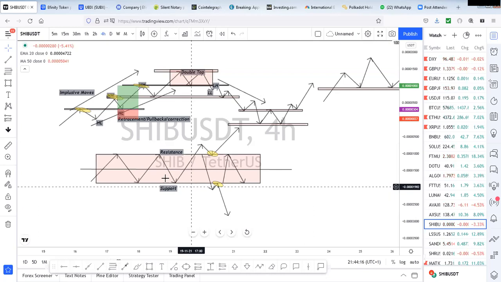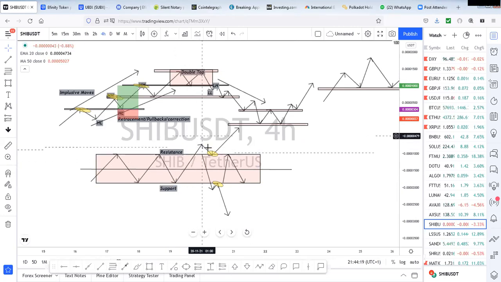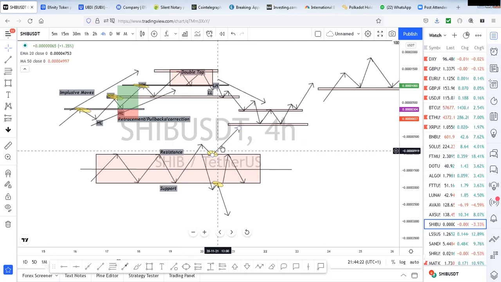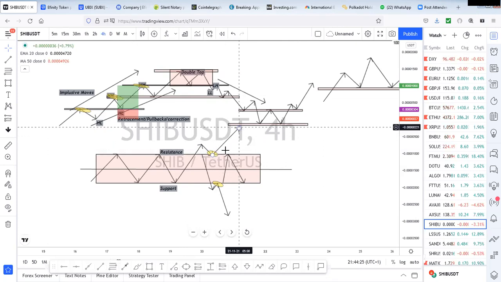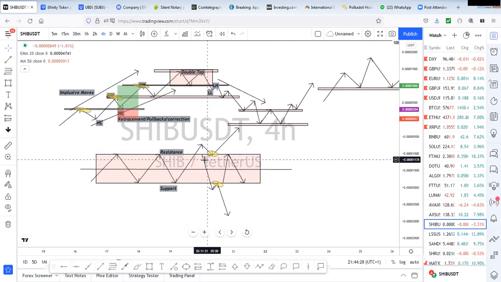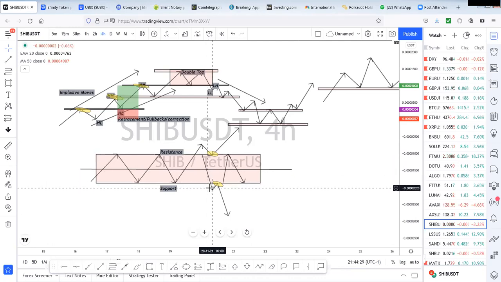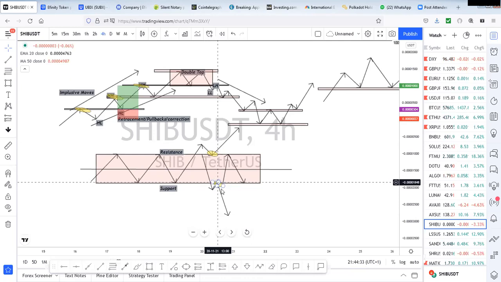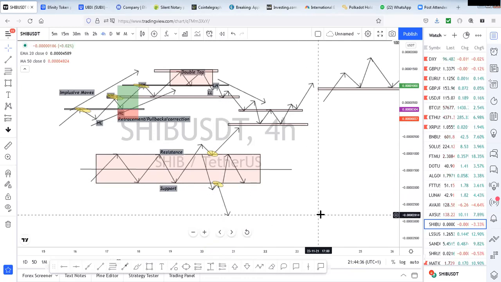So that's the example that I drew here. You see a breakout happened, the market retested, and buyers took over the market. Or you see market price approached this support level here and broke out, retested, and sellers have full control of the market. So that's the essence of that explanation.